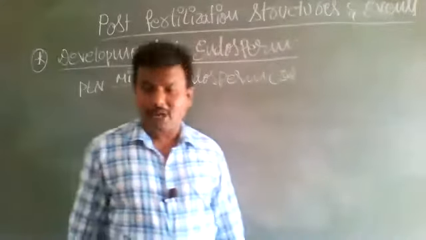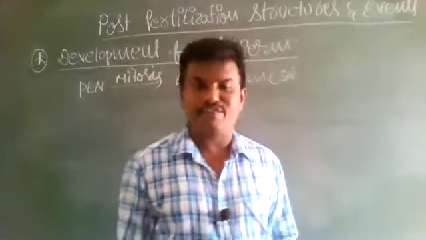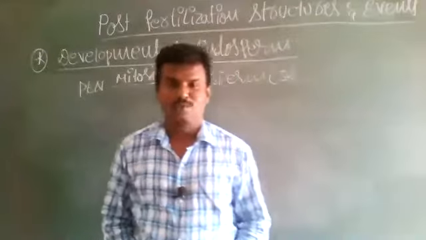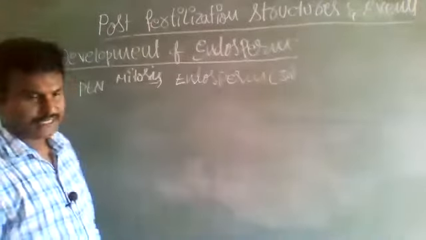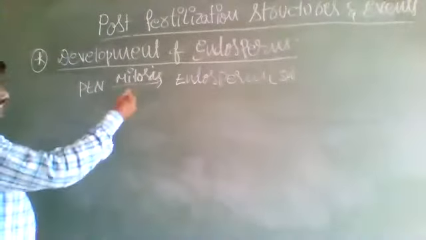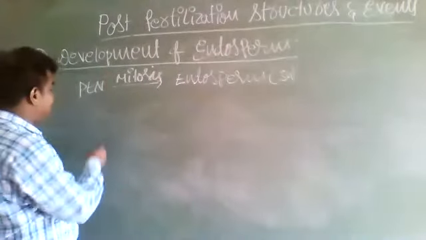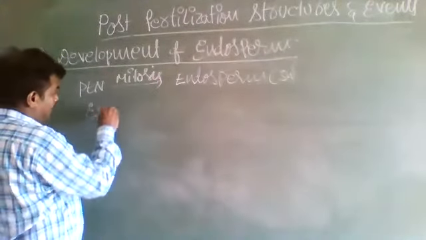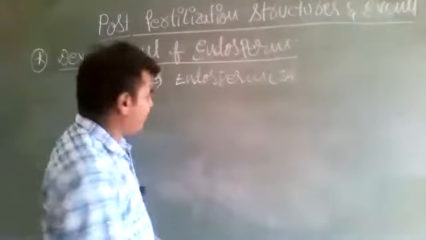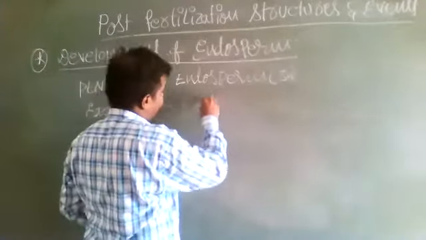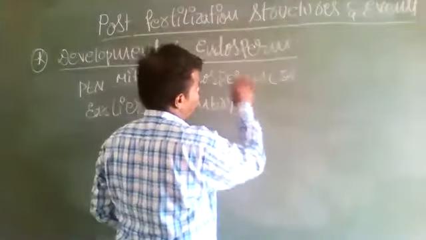How is endosperm formed in flowering plants? This is a 2 marks question. Endosperm is formed as a result of triple fusion, so it is triploid. In flowering plants, the development of endosperm begins earlier, that is, before the development of the embryo.